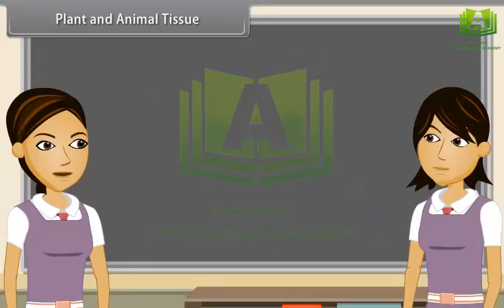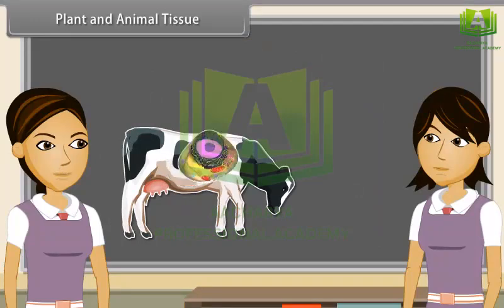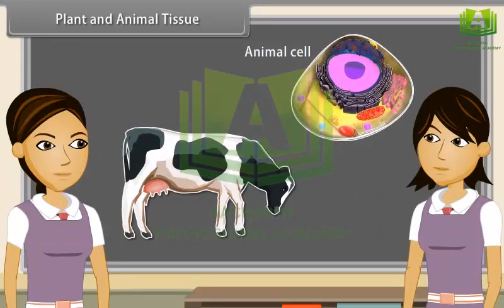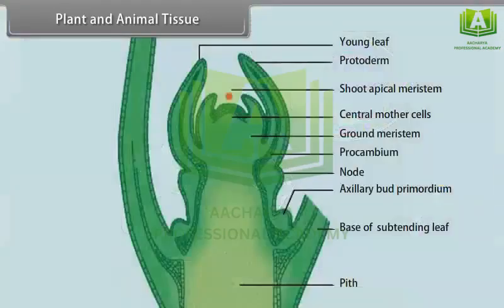Yes, I know that animals are heterotrophic and have to move around in search of food, mate, and shelter. So they need more energy in comparison to plants. That is why most of the tissues in animals are living. One more big difference between plants and animals is the pattern of growth.